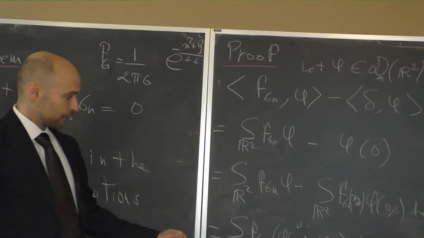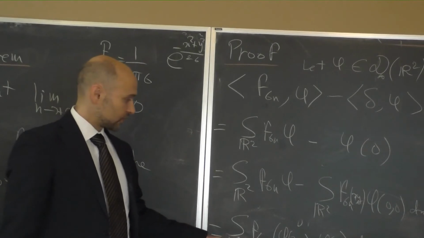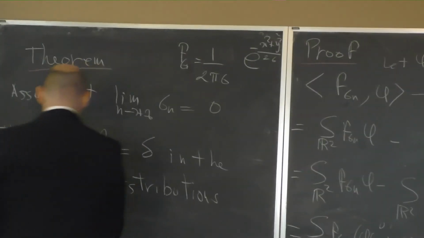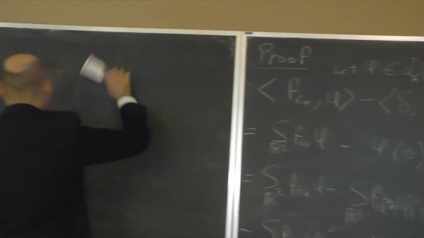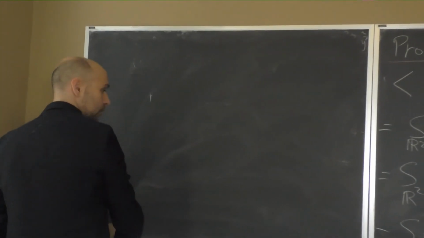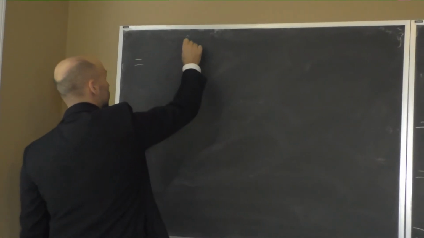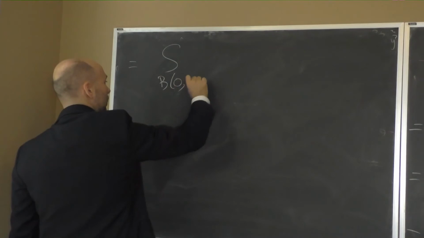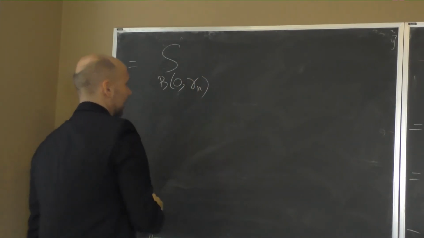So now I'm going to split this integral in two. I will first integrate on a ball centered at the origin with radius gamma n.